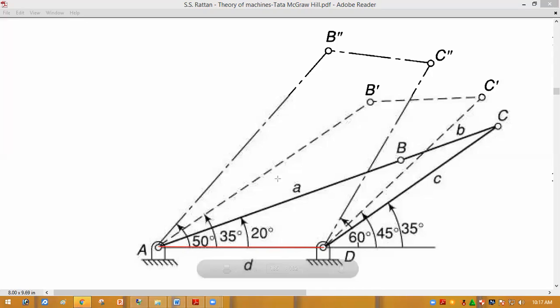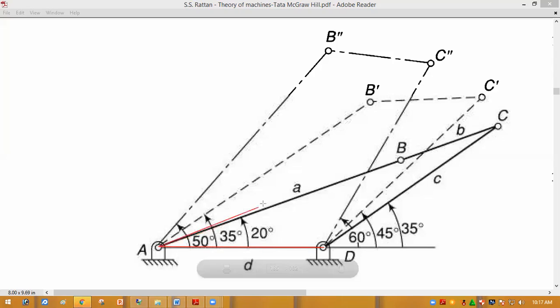Then we know the value of A, B, C, and D, and the input link angle was given. So in the first position, the input link angle is theta 1 equal to 20 degree. So draw a 20-degree line of length A. So here A equal to 1.56. So if D equal to 5 centimeter, then A will be 1.56 into 5.